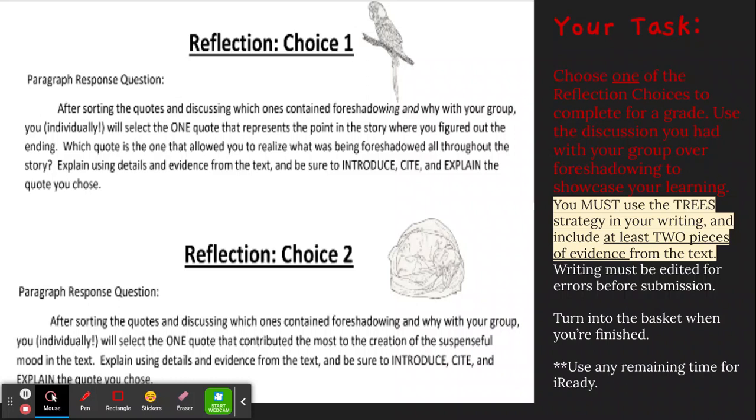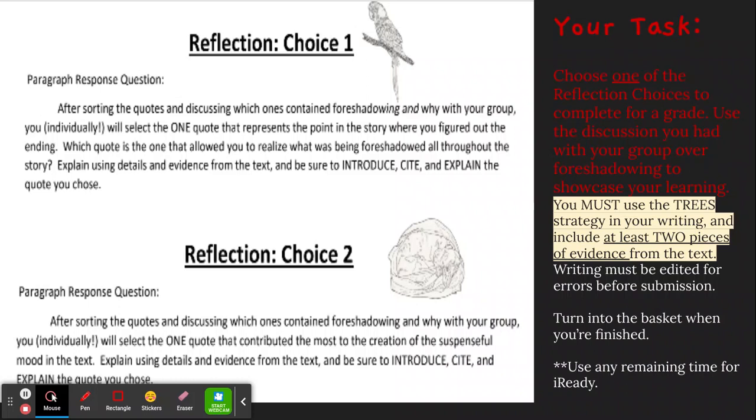When you get your reflections, guys, you must use the TREE strategy in your writing, and you must use at least two pieces of text evidence from The Landlady story to support your claims. I should see strong elaboration based on what you discussed today in your group.